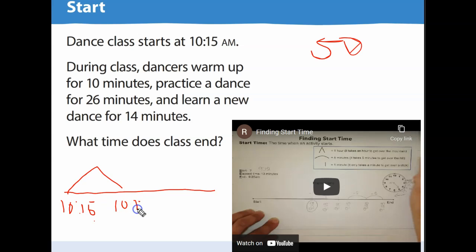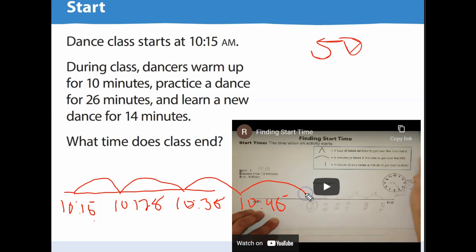So 10:25, 10 more minutes. 10:35, good. 10:35, another 10. 10:45, another 10. 10:55, right?